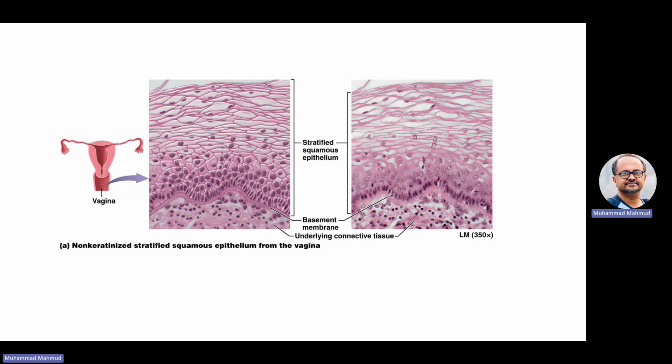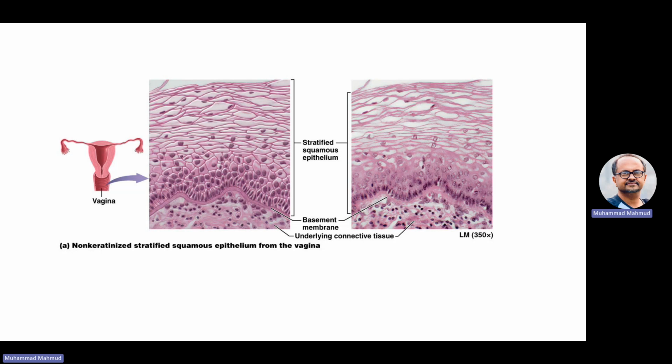At the same time, these cells are non-keratinized. There is no keratin. It is usually found in vaginal epithelium. You can also see the basement membrane here. Under epithelium, we'll be able to find this non-membranous layer, basement membrane.